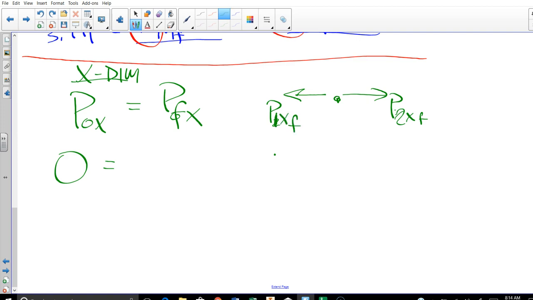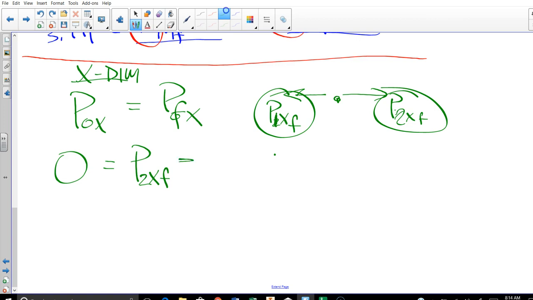The x component of momentum 1 after the separation. And these are the only two, and they're opposite each other. So let's say the momentum of 2's x component after the collision minus the momentum 1 x component after they separate. In other words, those two have to be the same.